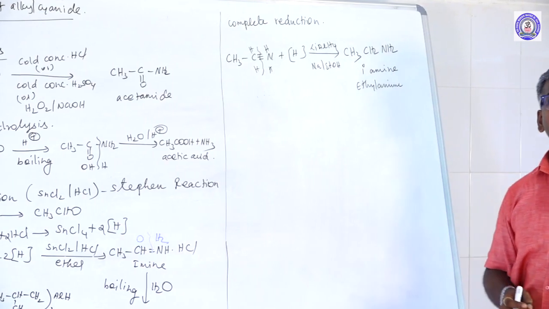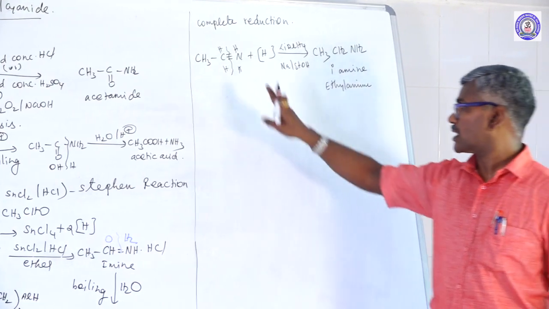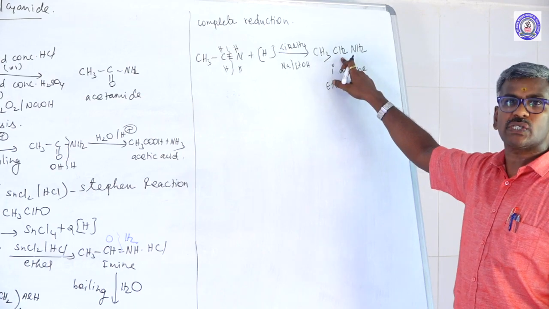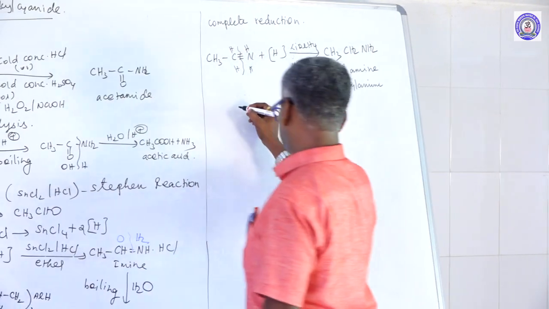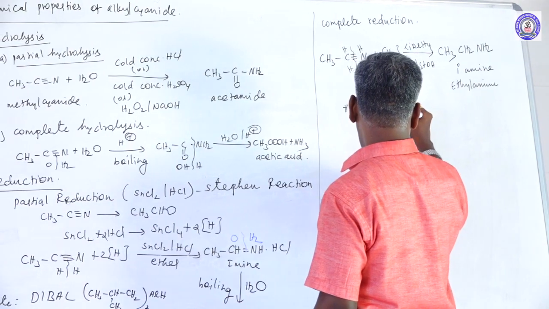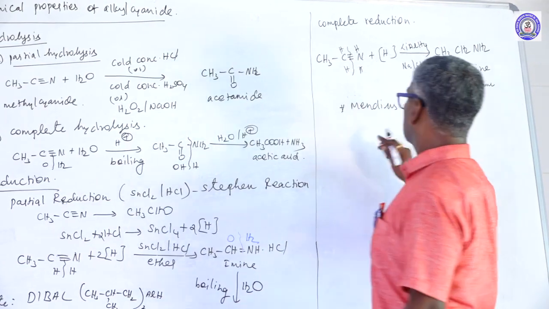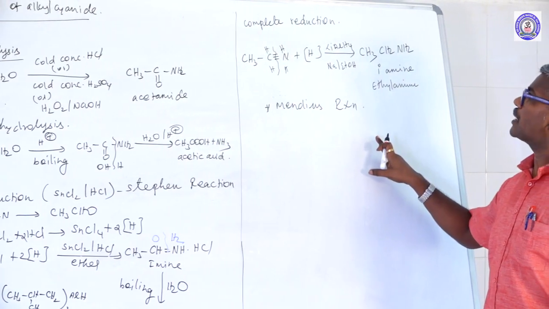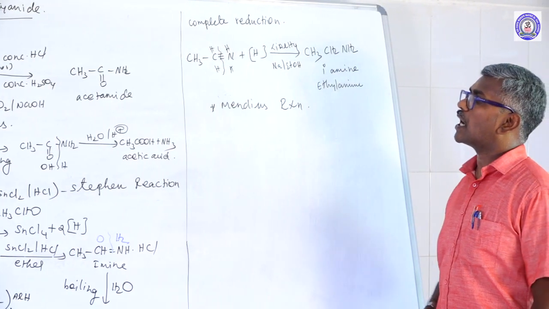This reaction is known as the Mendius reaction. What is the Mendius reaction? Cyanide is converted into CH2NH2. This is known as complete reduction of alkyl cyanide.